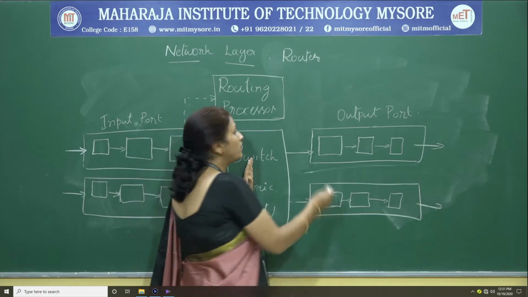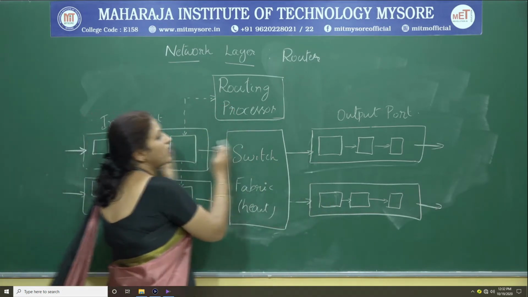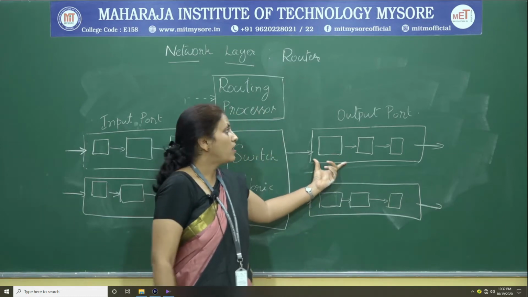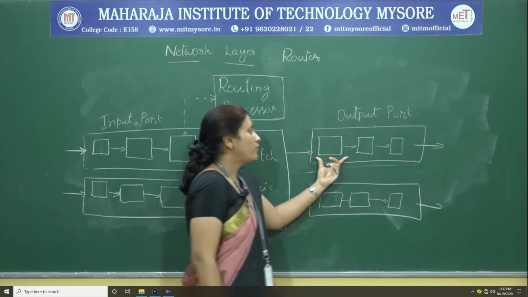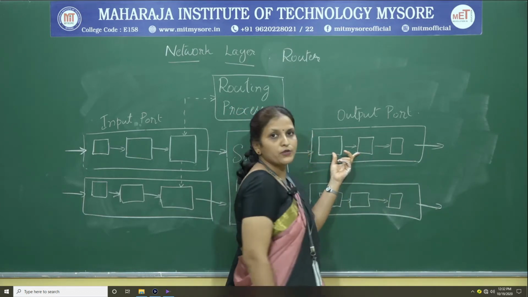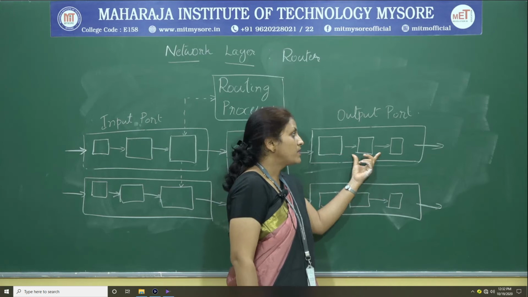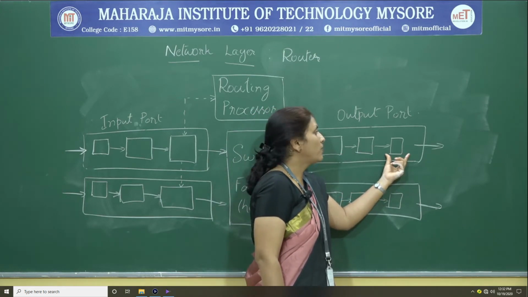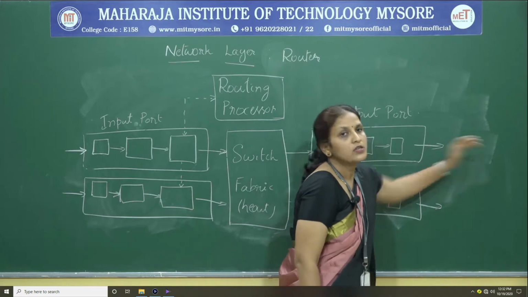Here the reverse of this process happens. Once the packet reaches the output port buffer, the packet will be taken by the output port, the functionalities with respect to the data link layer happen at this place, and then the functionalities with respect to the physical link happen here, and it is pushed out to the network.